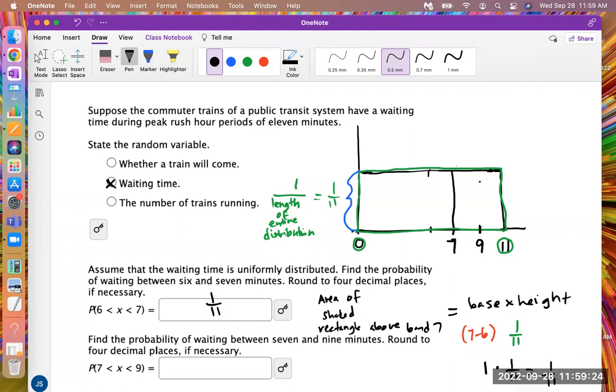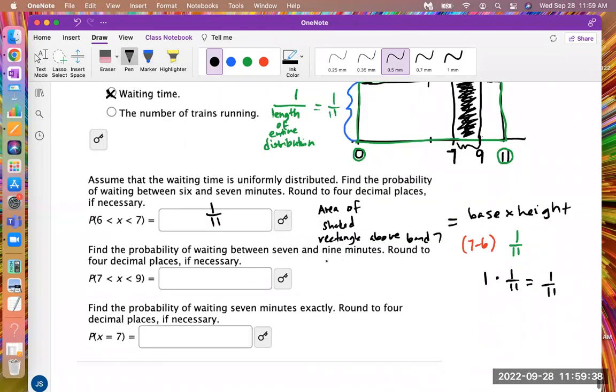So we have to find the area under the curve and above the x-axis of the rectangle between 7 and 9. We're still going to use area equals base times height. The base is 9 minus 7, the 2 endpoints of the rectangle subtracted.